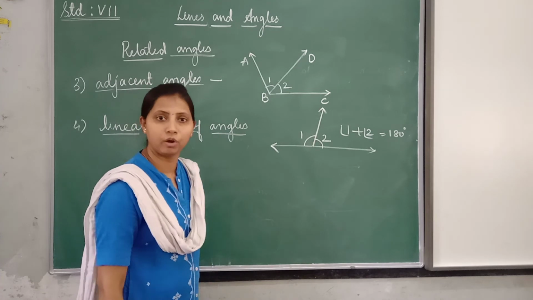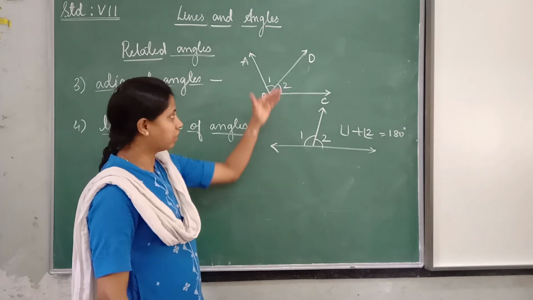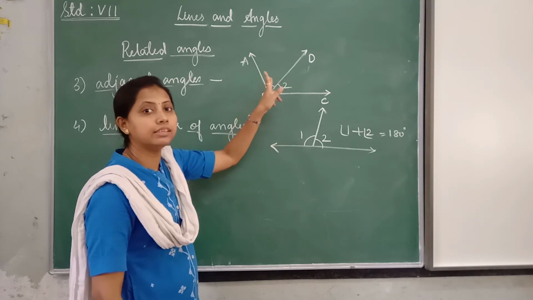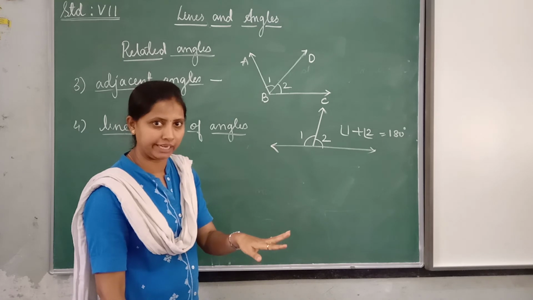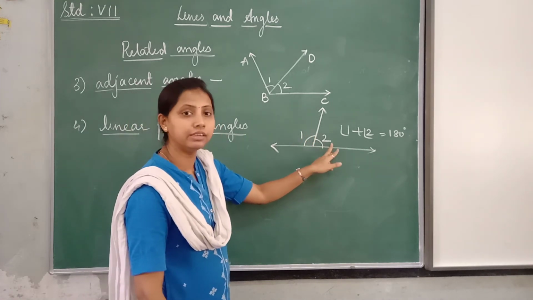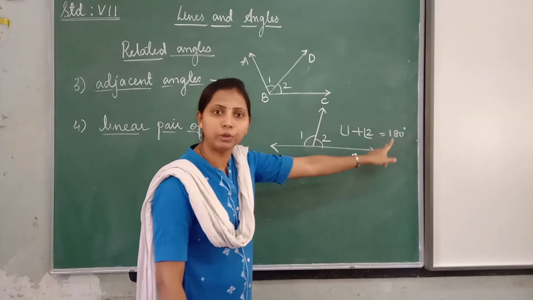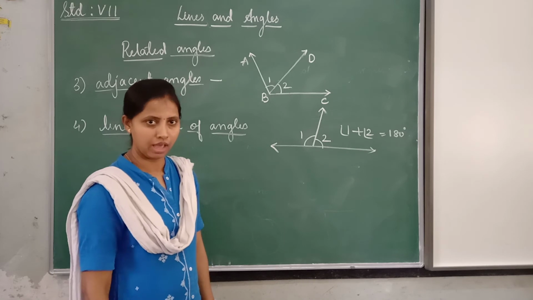Then these two angles are said to be a linear pair. Understood the difference? Adjacent angles may or may not sum to 180 degrees, but for a linear pair the sum of the two angles will always be exactly 180 degrees. Only then they are said to be a linear pair of angles.